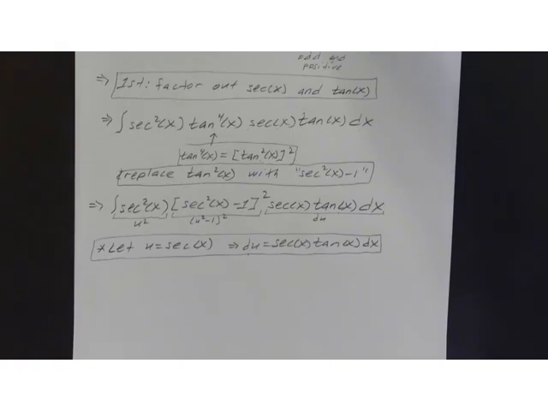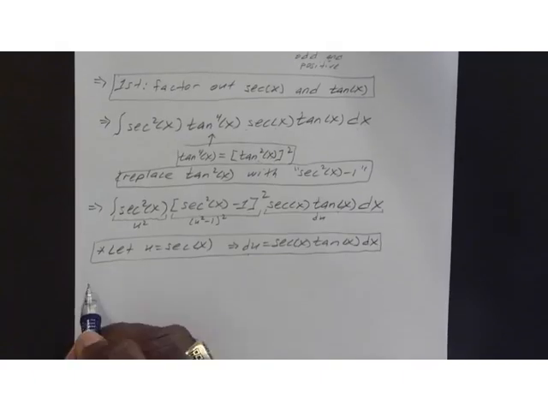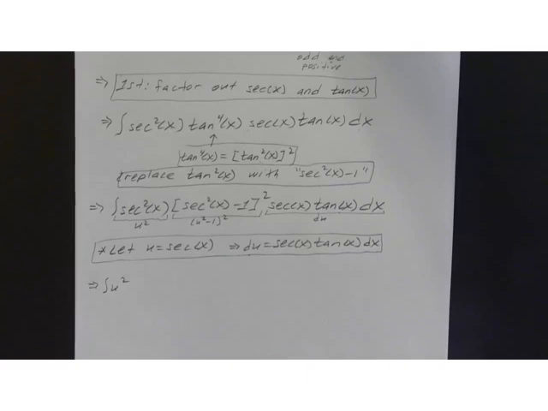So if we rewrite that in terms of u, that just gives us the integral of u squared times u squared minus 1 squared with respect to u.